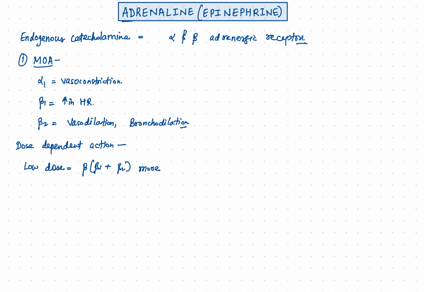If beta is stimulated, it will cause increase in heart rate as well as increased contractility, means force of contraction. If force of contraction is increased by the stimulation of beta 1 receptors, it will cause increase in systolic BP.